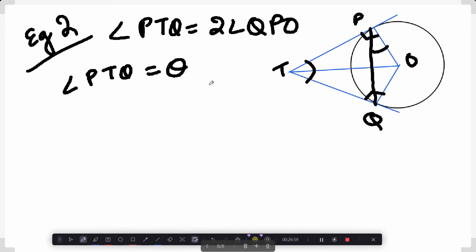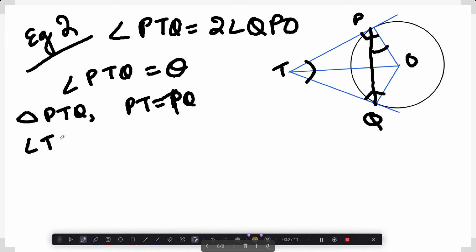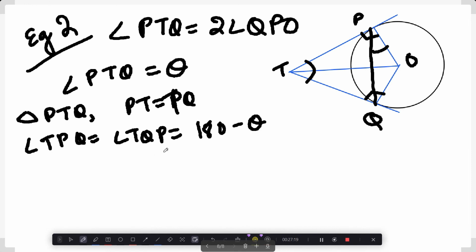Now we know that in triangle PTQ, PT is equal to TQ. So therefore the angle TPQ equal to angle TQP basically. And what is that equal to? 180 minus theta, by 2. Right? 180 minus theta by 2.